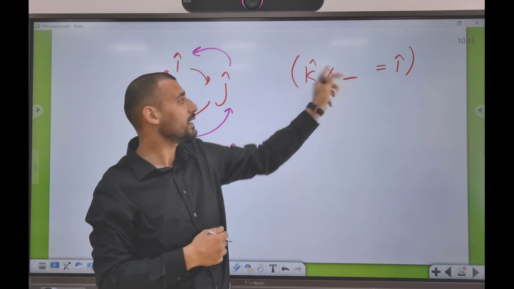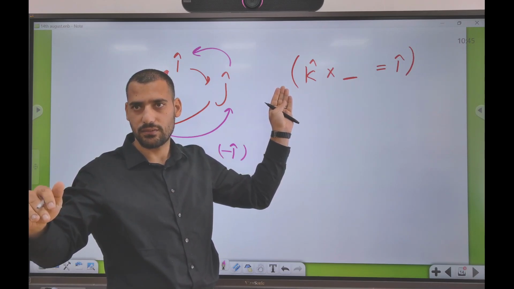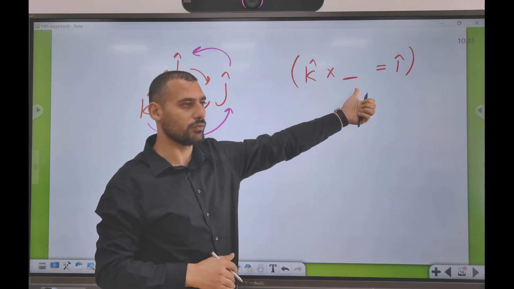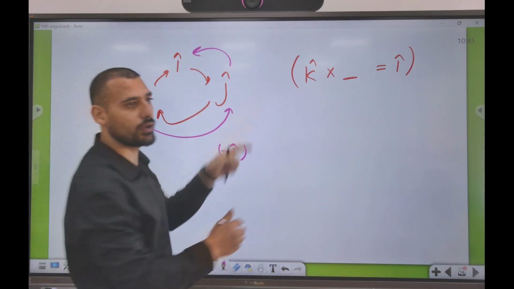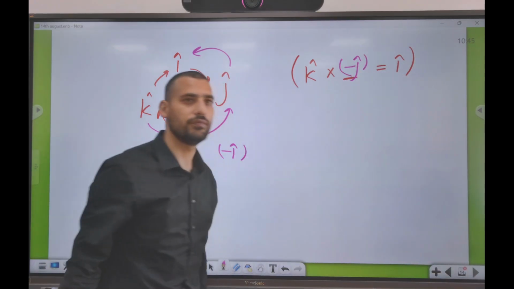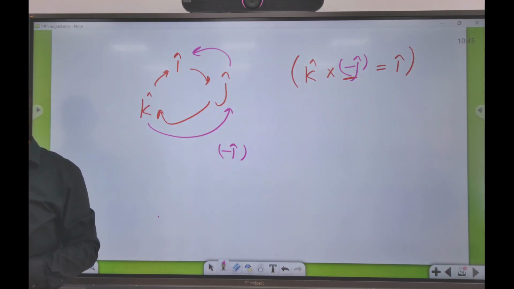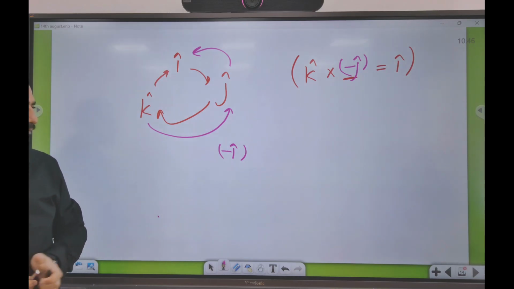But k is already fixed, we know it is along the positive z-axis. Therefore this has to be negative, so this cannot be j, this has to be negative j. The direction is confirmed from this. We don't need to use the right hand rule. Just understand this, it will also help you. Is it clear?